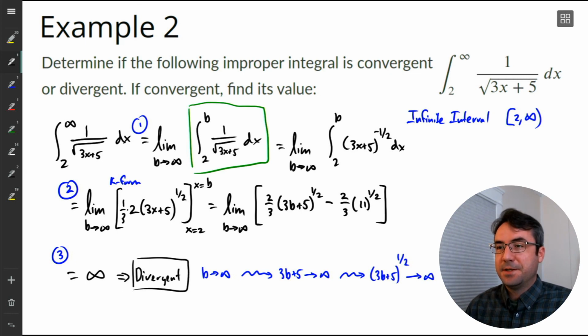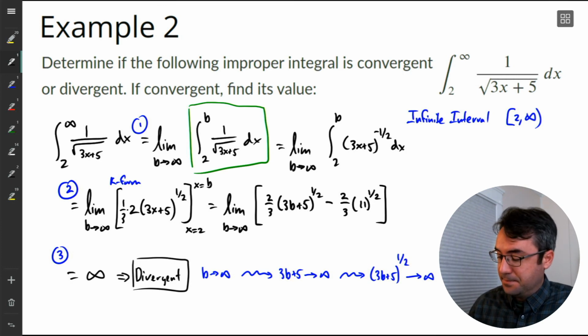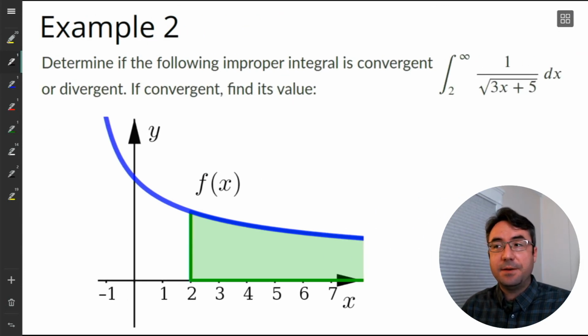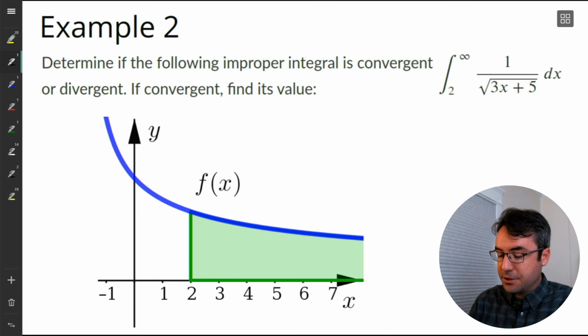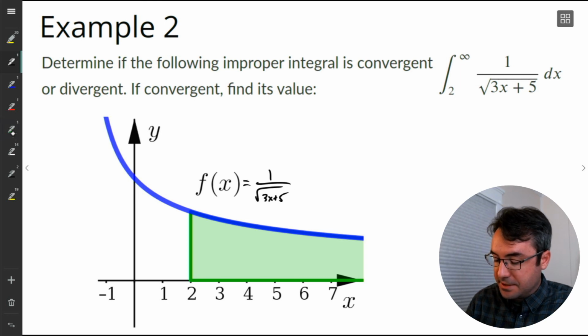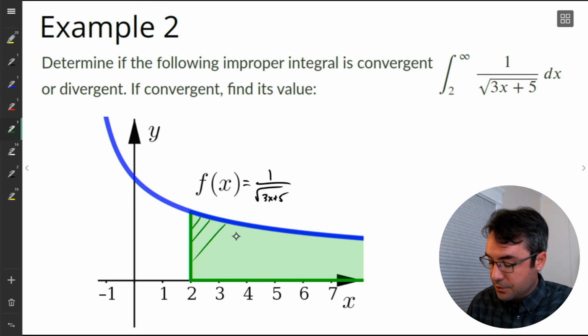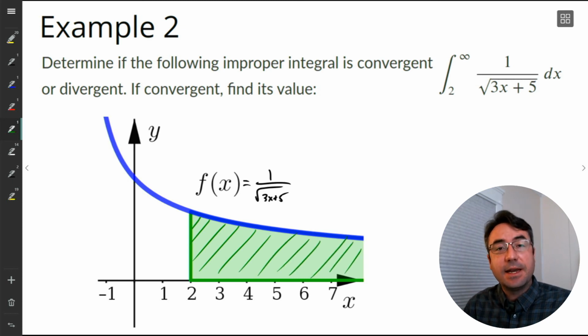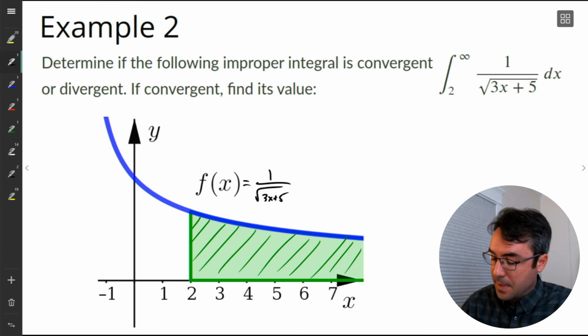All right. So let's see what we just calculated. Here's the graph of our function that we just integrated, or tried to at least. We started at x equals 2, and we tried calculating the area for this region that started at x equals 2 and extends infinitely far to the right. But we saw that that limit was infinite.